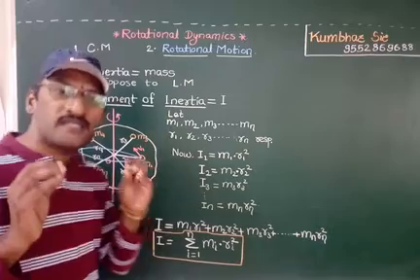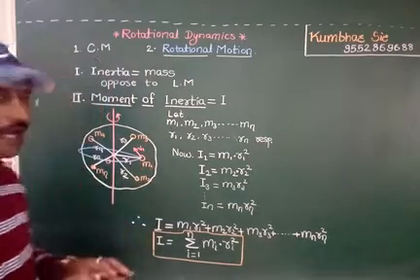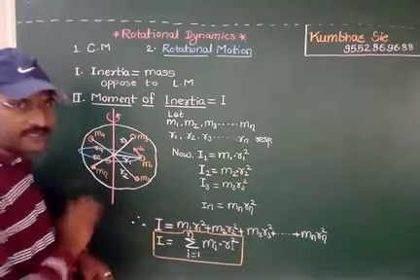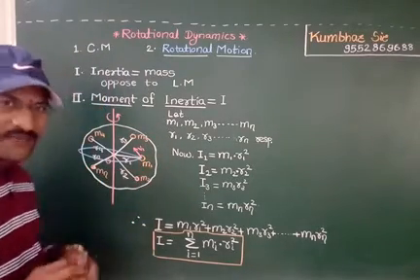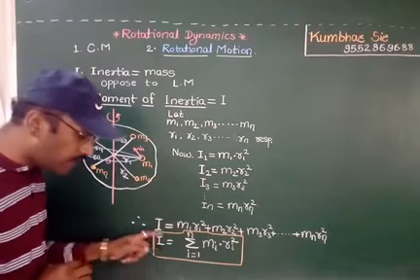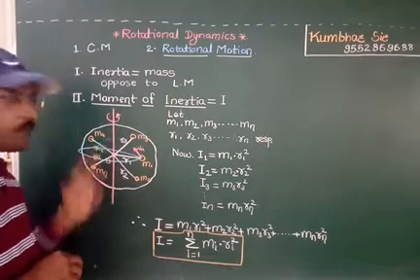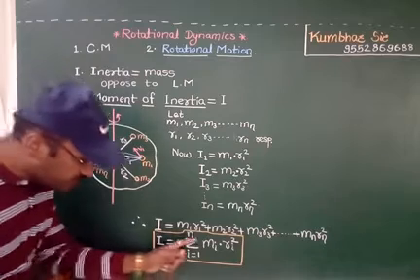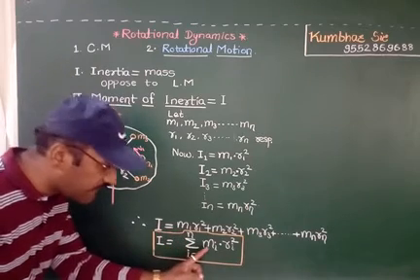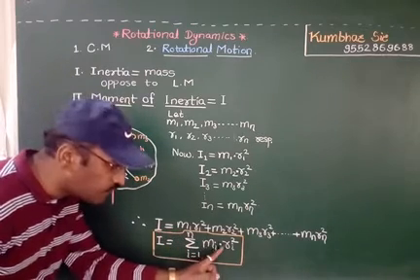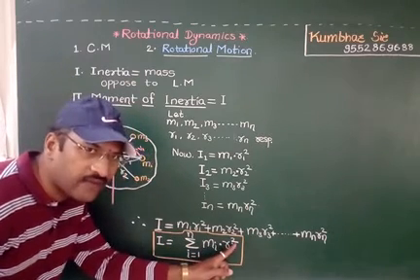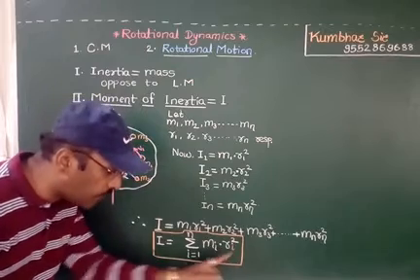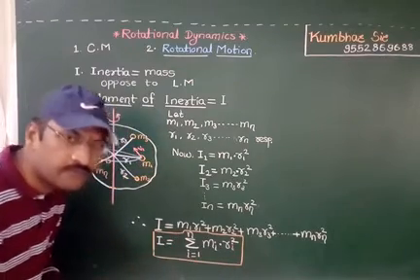This is the sum of the moments of inertia of all the particles. Hence, using mathematics, the total moment of inertia of the whole body along this axis of rotation equals summation Mi Ri square, where i goes from 1 to n.